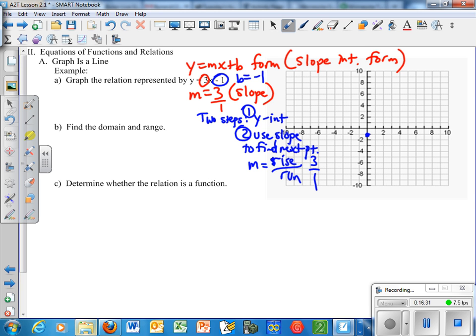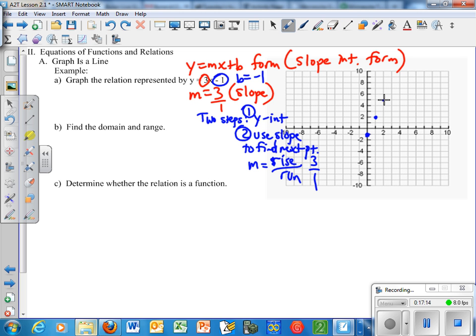So I want to go up 3. I'm starting here at -1 on the y-intercept. That's my y-intercept. I want to rise 1, 2, 3, and I want to run 1. So I'd be right here. Notice from that point I went up 3, to the right 1, and then draw your line. You could repeat this.